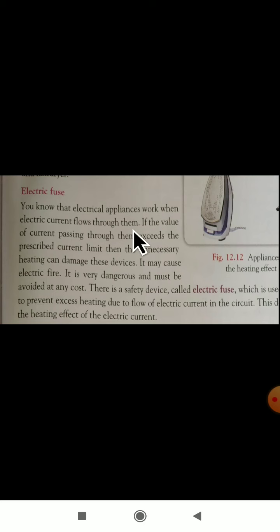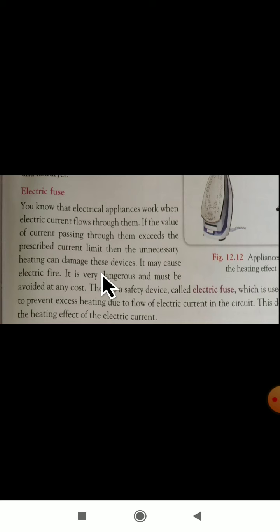If the value of the current passing through them exceeds the prescribed current limit, then the unnecessary heating can damage these devices. Okay, all electric devices have some limit. If it is overloaded, then it may harm the electric appliances.